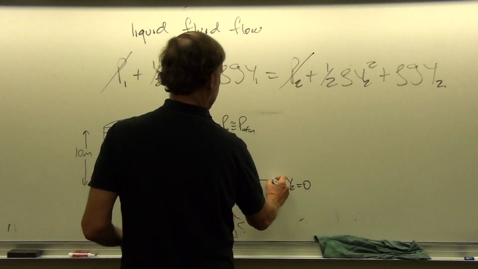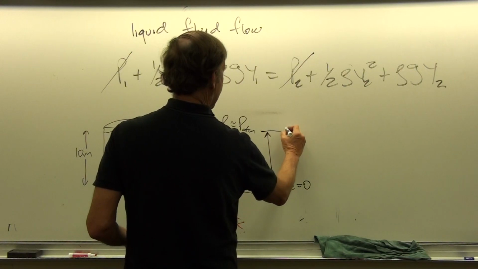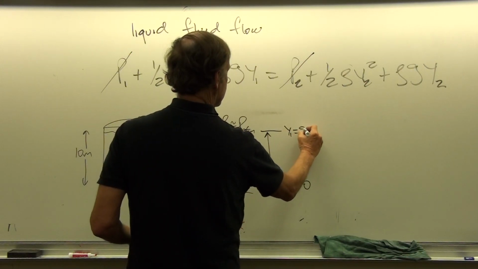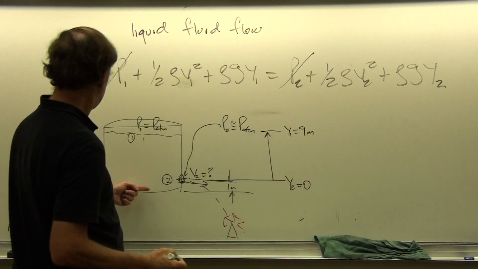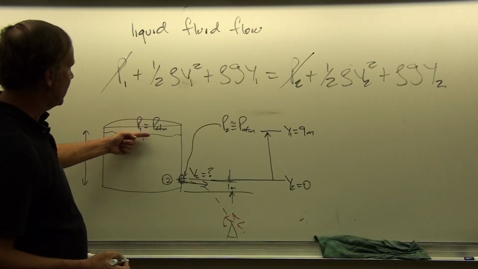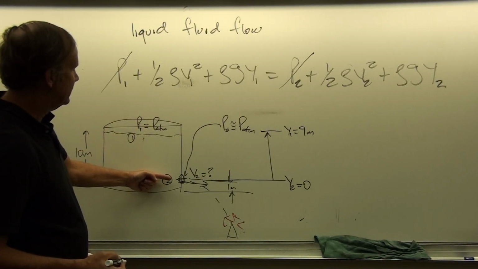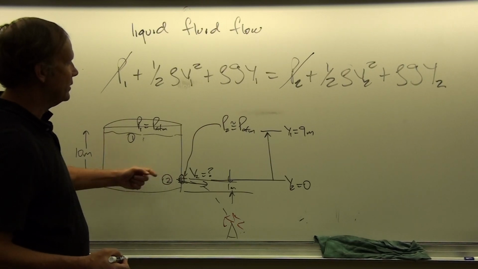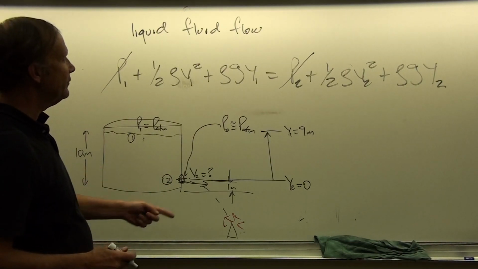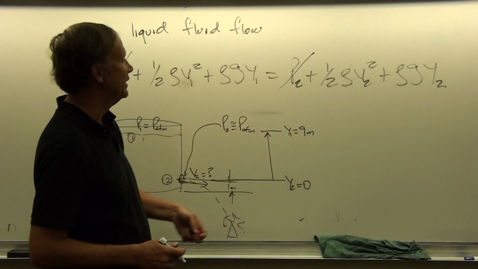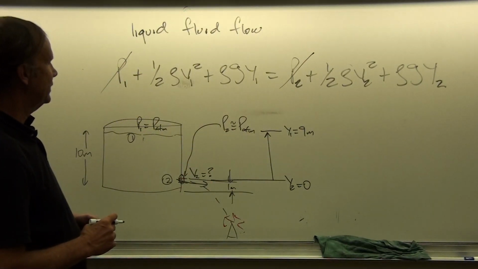If I call it 0, then my y1 height is going to be 9 meters, because this was 10 meters, the water level above the surface of the ground, and point 2 was 1 meter above the surface of the ground. So the difference in the height is all we really need here, the 9 meters.